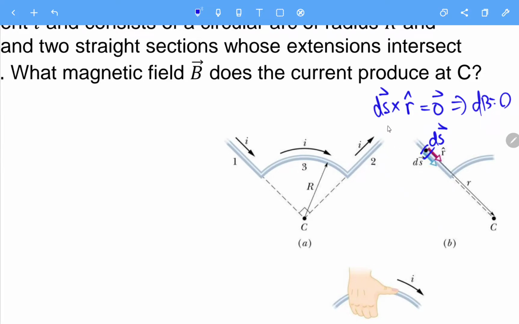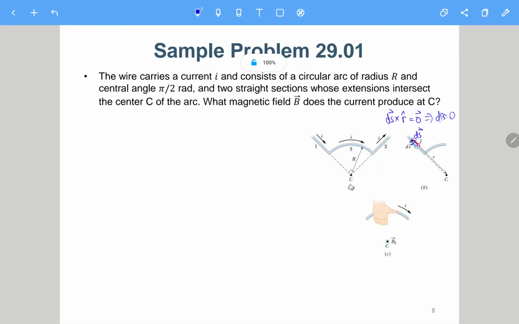Similarly for segment 2, ds and r head point to the opposite direction, which means that theta equals 180 degrees. So sine of 180 degrees is also 0. So for segment 2, we don't have dB generated at point C either. So the only remaining part is segment 3.